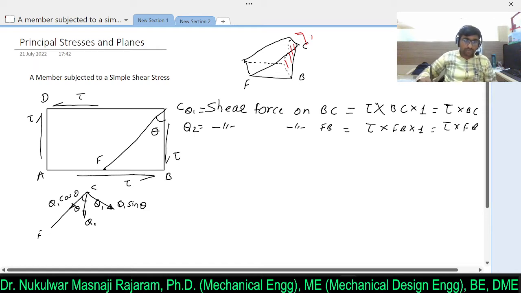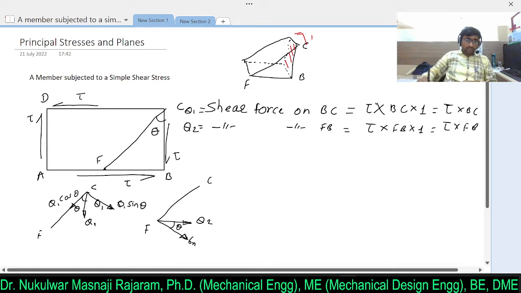Similarly for the Q2 force, as you observe, this is C, this is F, and this is force Q2. Simple. Now if I draw a diagram, this is nothing but sigma n, the normal force, and here you will get the angle theta.